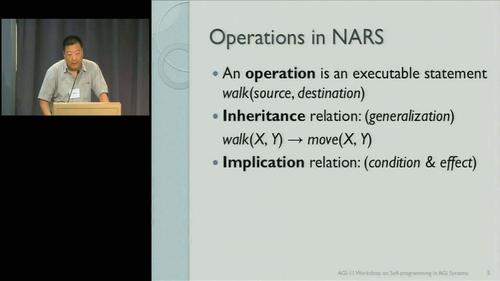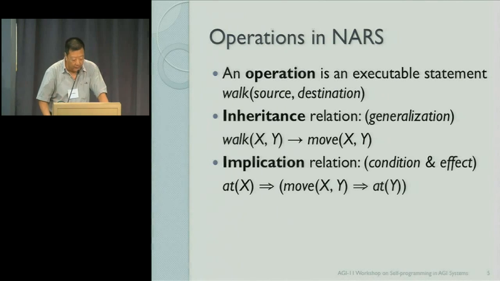Another one in NARS is called implication, which is like if-then, or implies. That one can be used to describe the condition or an effect of an operation. For example, if you move from X to Y, then after that you will be at Y. But the condition for that to happen is that you need to be at X at the beginning, roughly speaking.